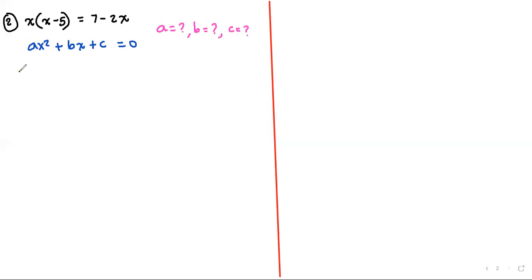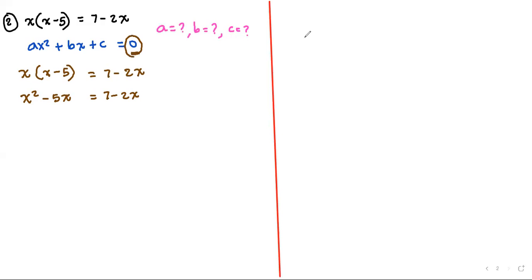So since we have x into x minus 5 is equal to 7 minus 2x, we get x times x, that will give us x squared. Then x times minus 5, that will give us minus 5x. Then we equate it to 7 minus 2x. But remember, after the equal sign, we must have a 0.